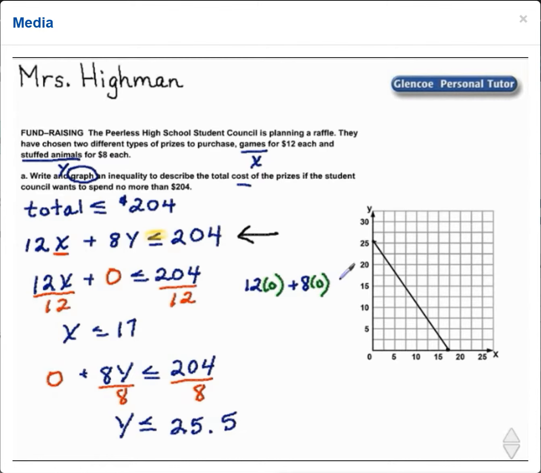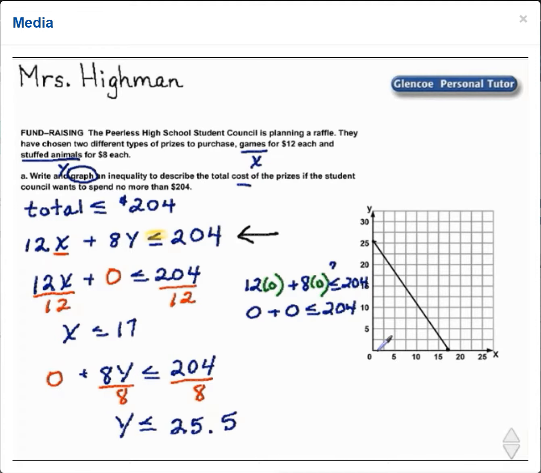And we want to know, is that going to be less than or equal to 204? So 12 times 0 is 0. 8 times 0 is 0. And 0 definitely is less than or equal to 204.